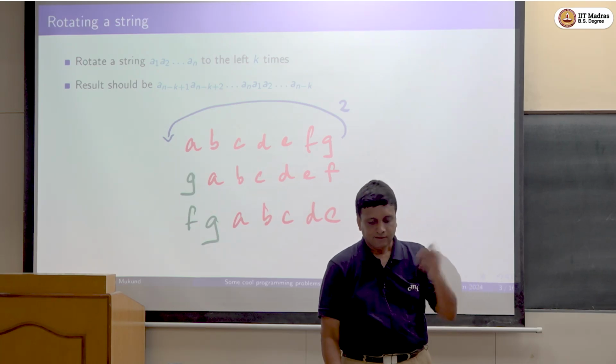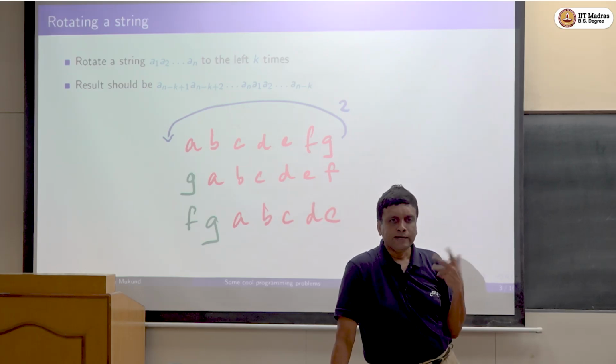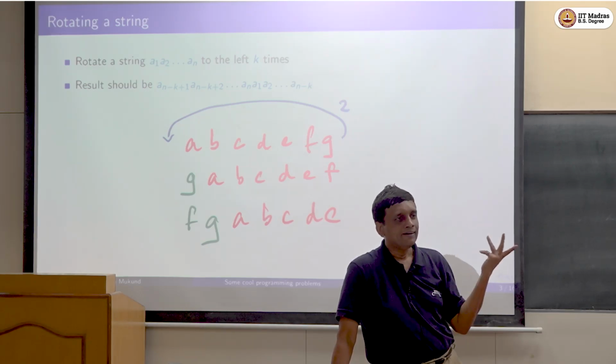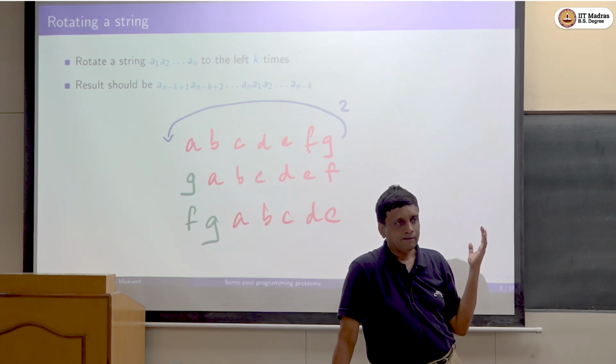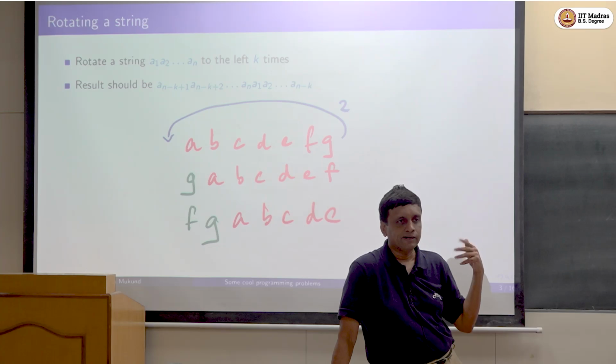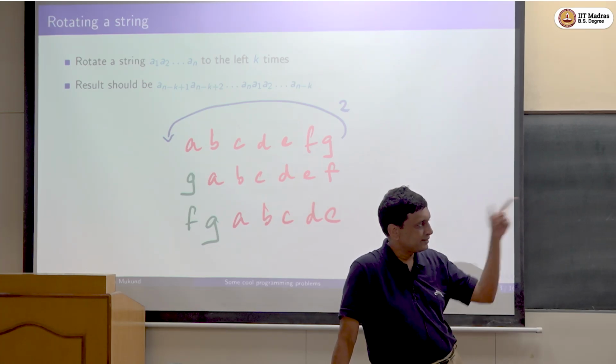So if k is, for example, this has 7 characters, if I say rotate it 10 times, then you only need to rotate it 3 times because the first 7 will return it back. So in general, k will be smaller than n, but even if k is bigger than n, what you need to do is take k divided by n, take the remainder, and that's your real k. So how much time does this, what I've done, take?